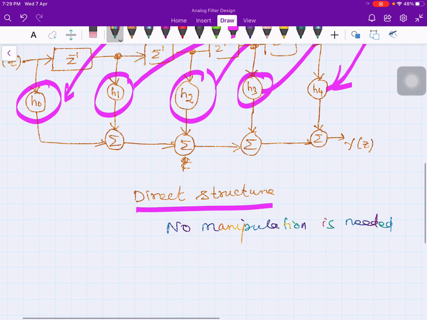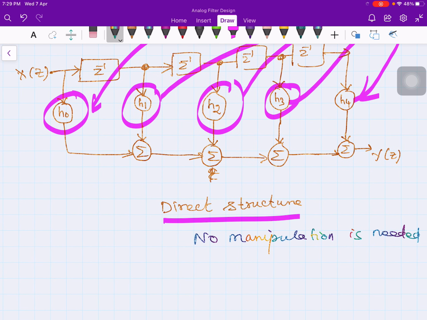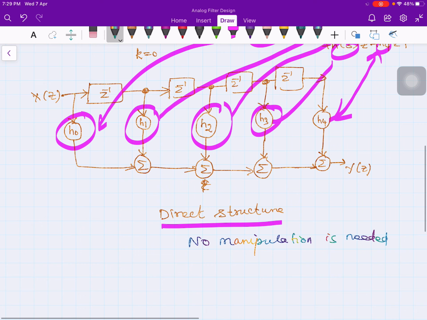Now if we make a transpose of this and then flip it over, then obviously what you should get is the following. Let me draw it. Just transpose this. As I said, first you interchange the input and output. So this point is the output, and the pickup node becomes a summer. You put a summer here.